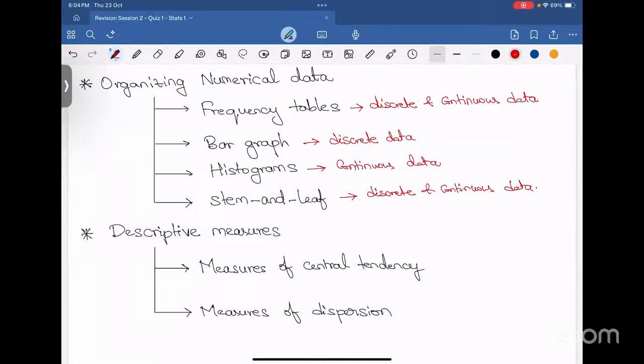Two of the most common measures that we compute are measures of central tendency and measures of dispersion. Measures of central tendency tell where the data is centered, where we compute mean, median, and mode. But it's not sufficient to just check where the data is centered.